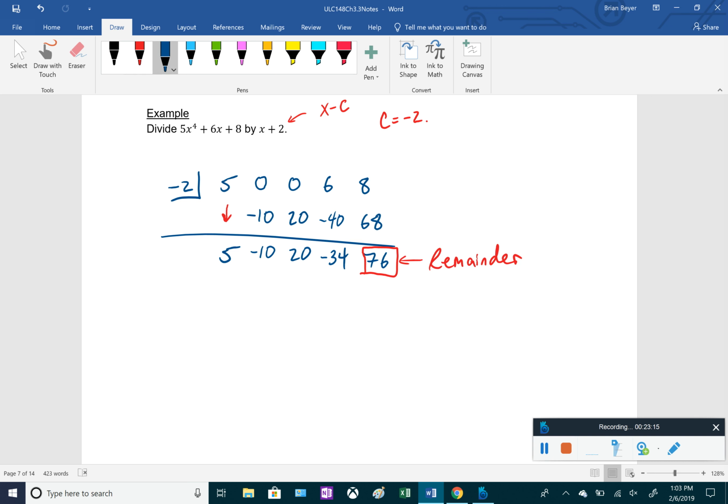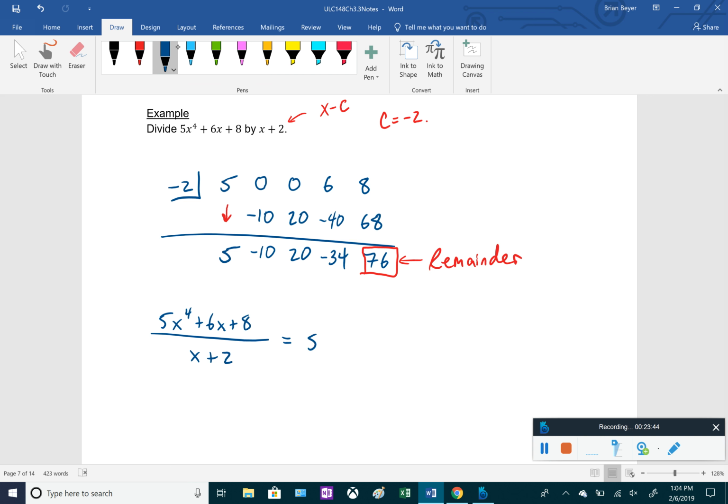Okay, and for our answer using the division algorithm, we just divided 5x to the 4th plus 6x plus 8 by x plus 2. That's going to equal the quotient. So our coefficients here, the 5, negative 10, 20, negative 34, are the quotient's coefficients. We started with the dividend of degree 4. That means we're going to start our quotient with one less than that, with degree 3.